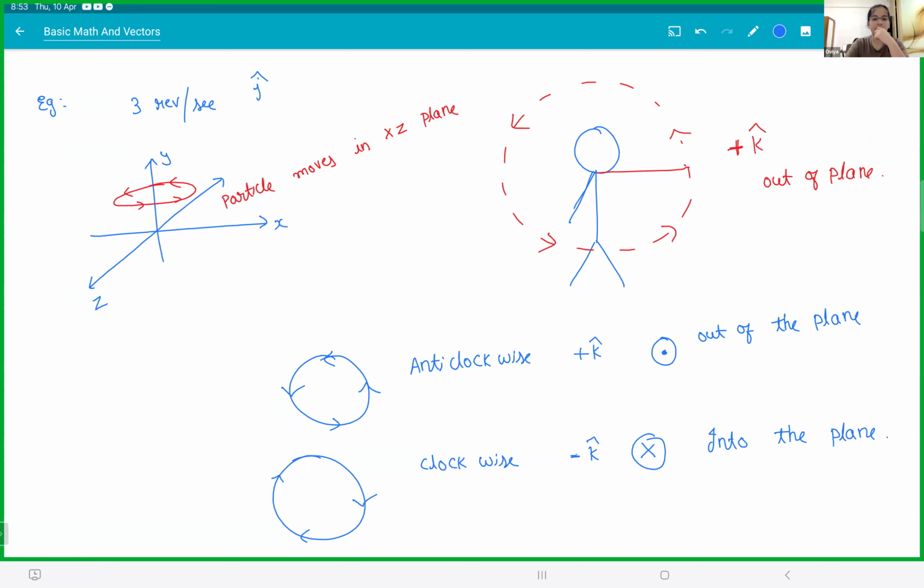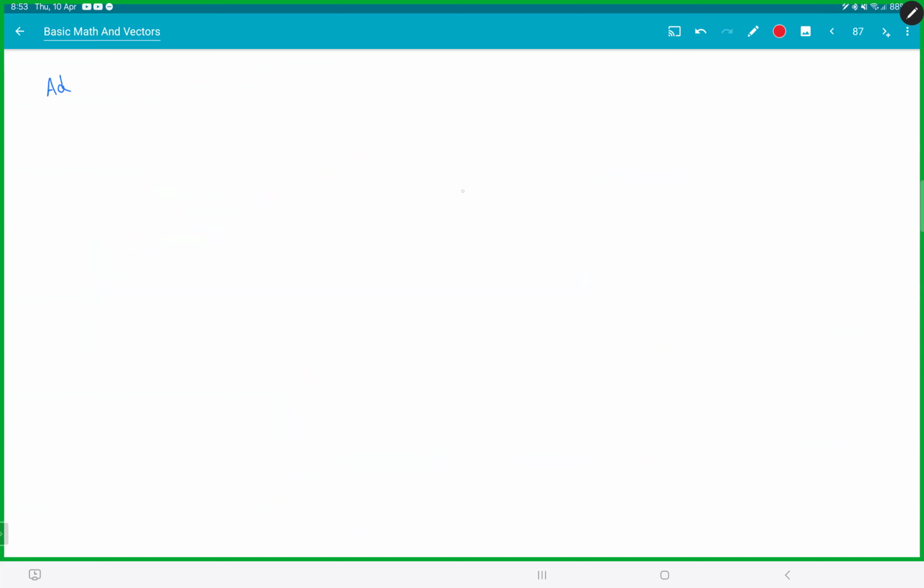Remember, you are always the observer. You are looking at the person. I don't care about what that person is seeing. Normally that also happens. Then they will say like this: the particle is going in a circle, there's a man standing here, what will he see? They'll ask you that way. Okay. Then you have to do that thing. If you don't tell me anything, I'll assume I am the observer. That's a valid one.